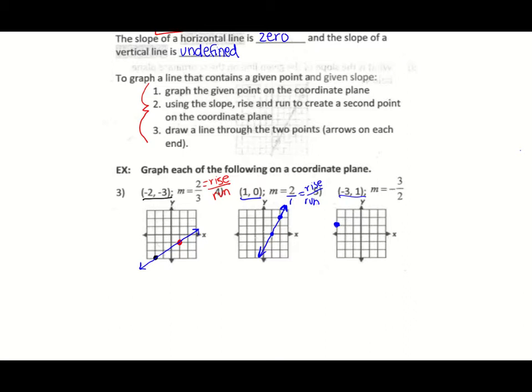So that means that my rise is negative, that means I'm really going down instead of up. So I want to go down 3, 1, 2, 3, and then run of 2, 1, 2. This is my point here. Connect my 2 points with a line and 2 arrows.